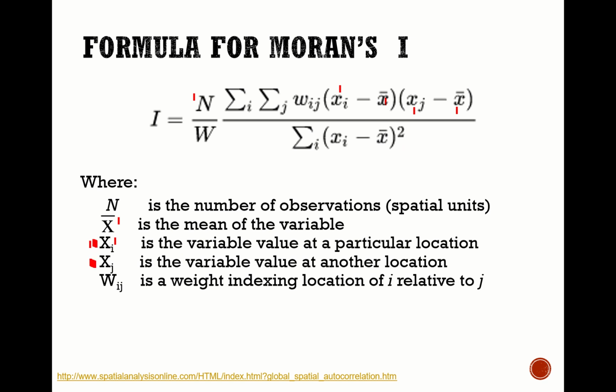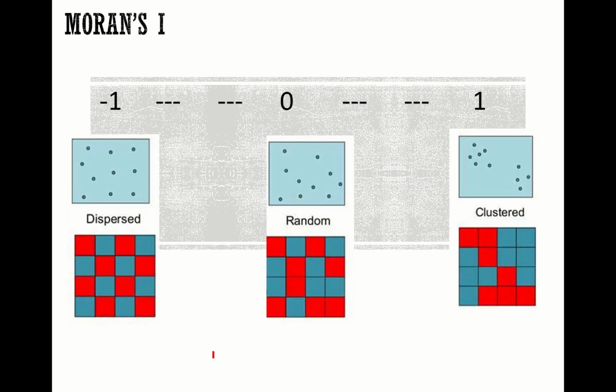So xj is located next to xi, and they're related to one another by the weight indexing matrix. So again, basically Moran's I, we can think of it along a continuum going from -1, which is perfectly dispersed or uniform distribution.